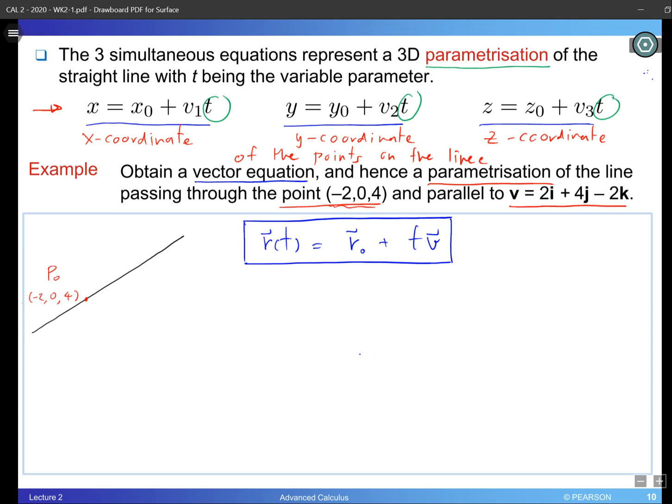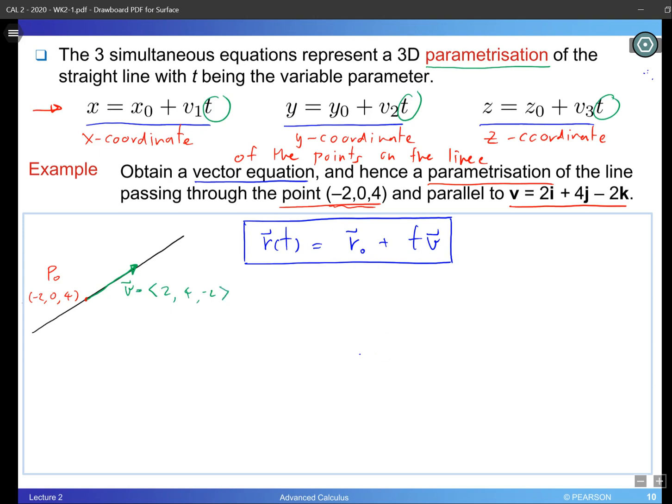Okay, now the next thing we know is the vector v, which is parallel to this line. So why don't we just put it like this? Vector v parallel to this line. And we also know the components of this vector v, and it's, well, let me write it right here. V equal to angled brackets 2, 4, and -2. Oh, sorry, this is supposed to be angled.